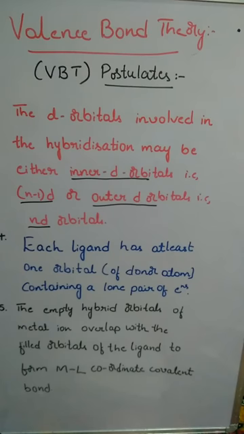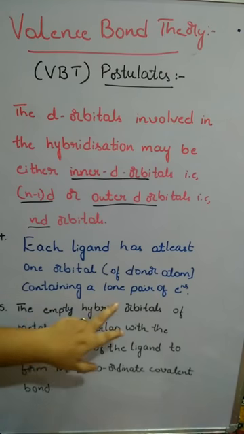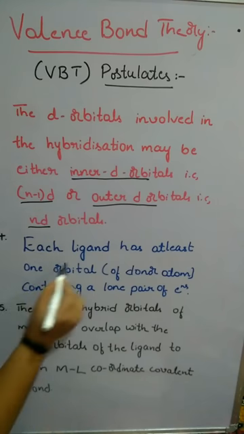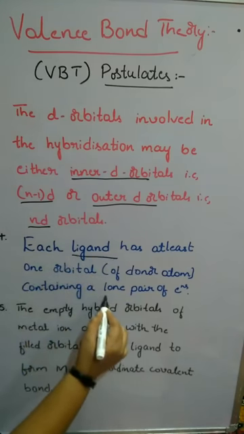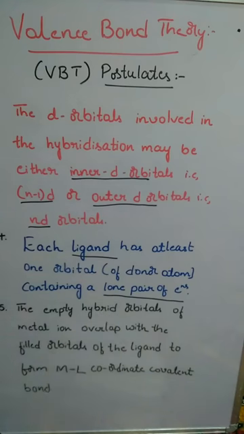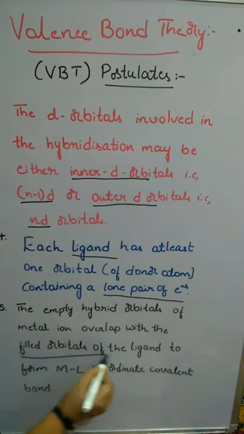Each ligand has at least one orbital of the donor atom containing a lone pair of electrons. We know that a ligand is going to donate a pair of electrons, so one orbital will contain a lone pair. The empty hybrid orbitals of the metal ion overlap with the filled orbitals of the ligand.